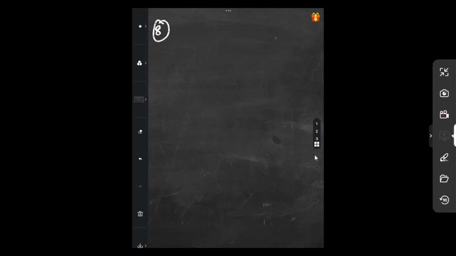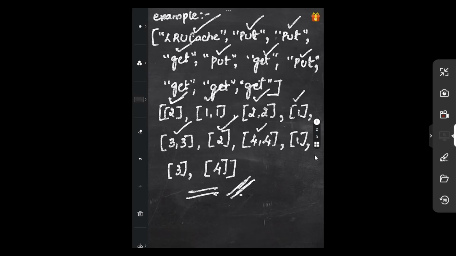Let's move on with the 8th operation. We have 3 gets, right? Get of 1, get of 3, get of 4. Here the operation will be get of 1.